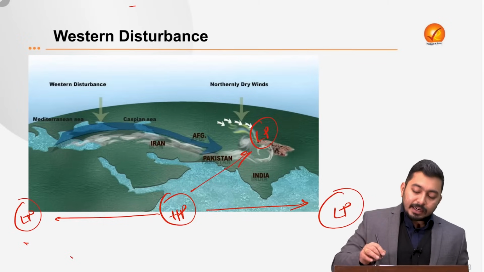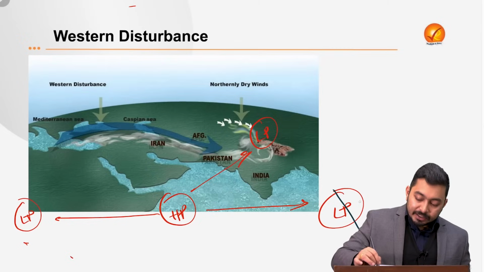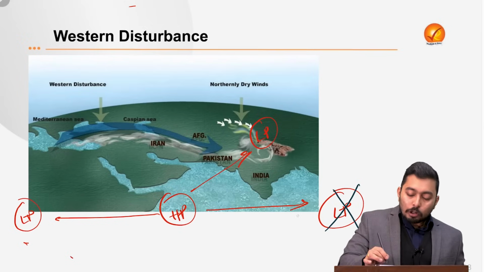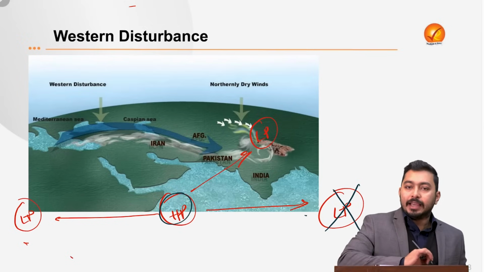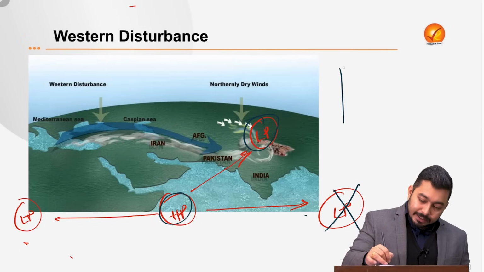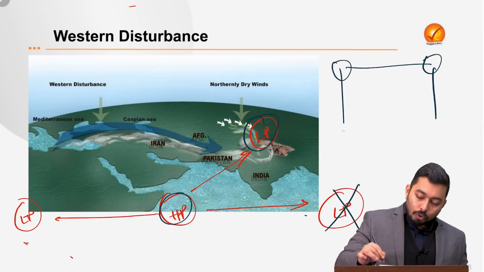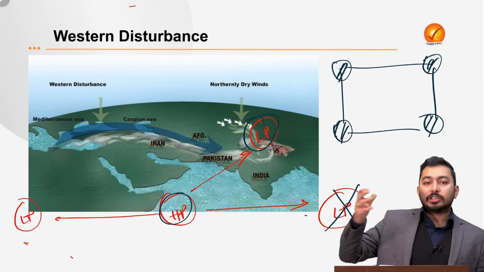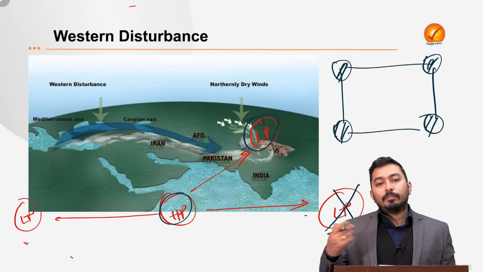But can I say that if I affect the low pressure here, if I somehow destroy the low pressure here, will it also not affect the high pressure here and conversely the low pressure here? Why? Because it is nothing but the wheels in a cog. So in a system, there are low pressure, high pressure, low pressure, high pressure, and they're supporting each other.